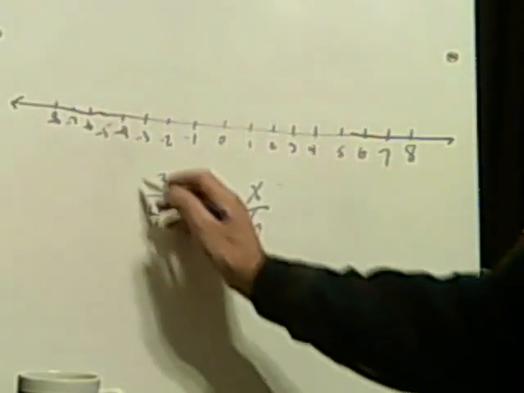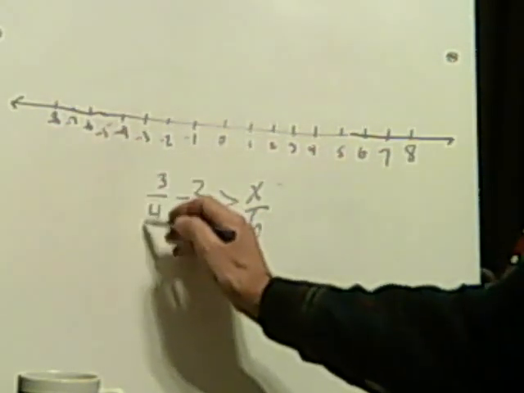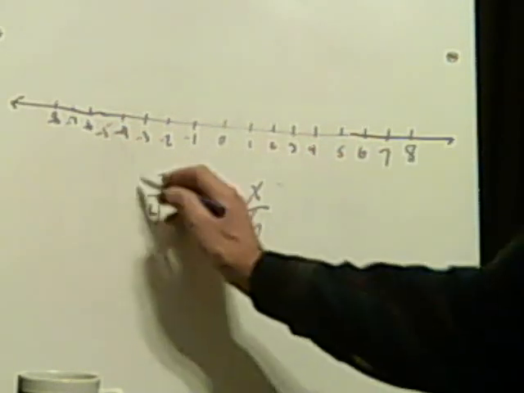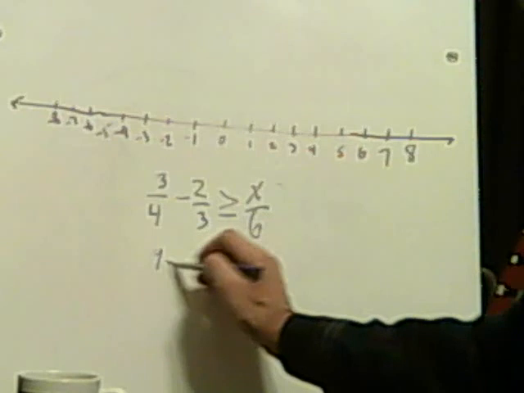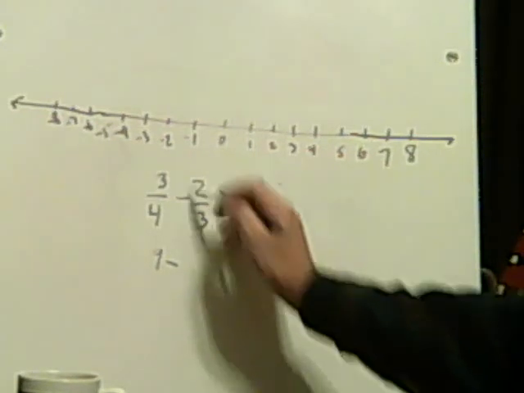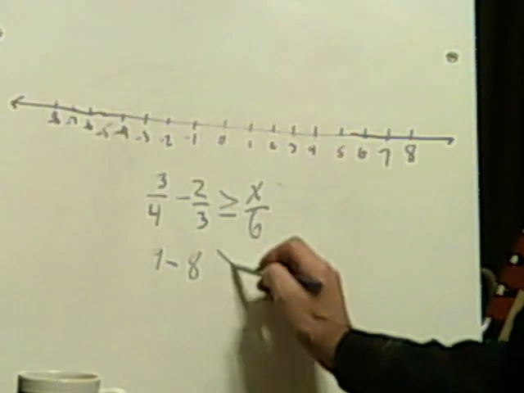So if we multiply this by 12, 4 is going to cancel on the bottom. We're going to have to put a 3 on the top, and that's going to be 9. We multiply this fraction by 12, 3 cancels, and we'll get minus 8.